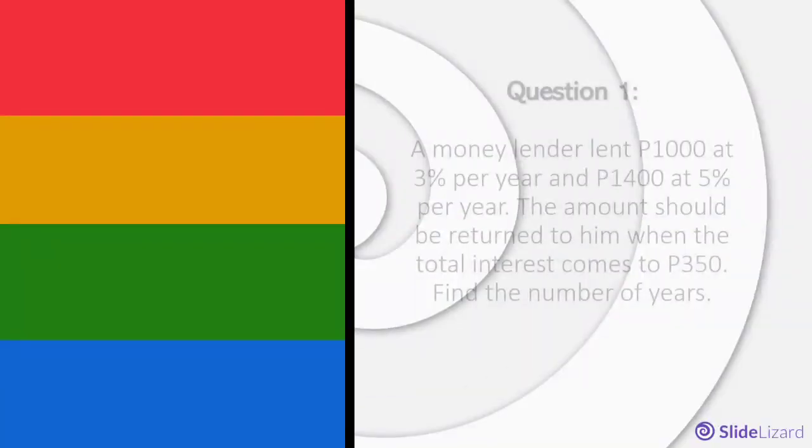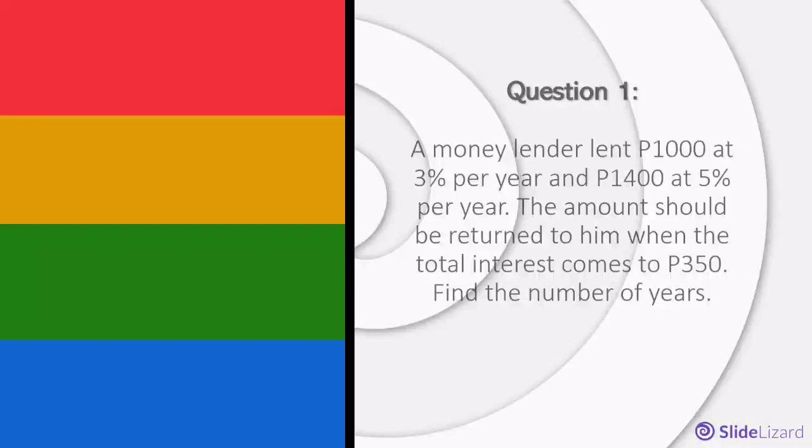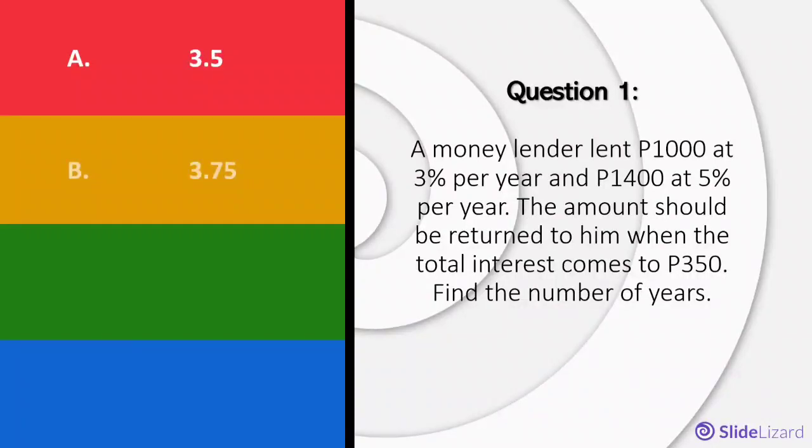A money lender lent 1,000 pesos at 3% per year and 1,400 pesos at 5% per year. The amount should be returned to him when the total interest comes to 350 pesos. Now find the number of years. And here are your choices. A, 3.5, B, 3.75, C, 4, or D, 4.5.